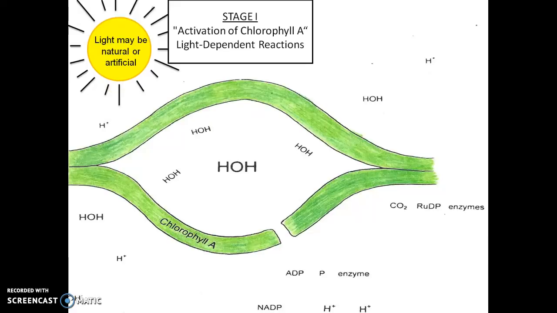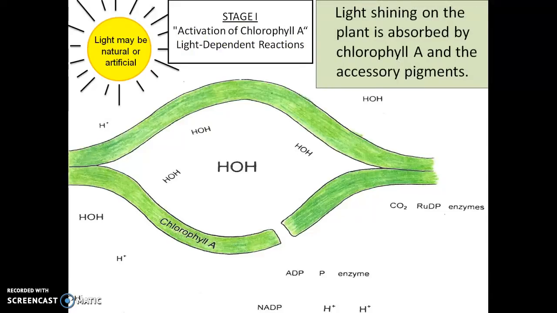So stage 1 of photosynthesis is called activation of chlorophyll A. This is a light-dependent reaction. So here's what's happening. The light is shining on the plant. Chlorophyll A here in the thylakoid membrane is going to absorb that sunlight.